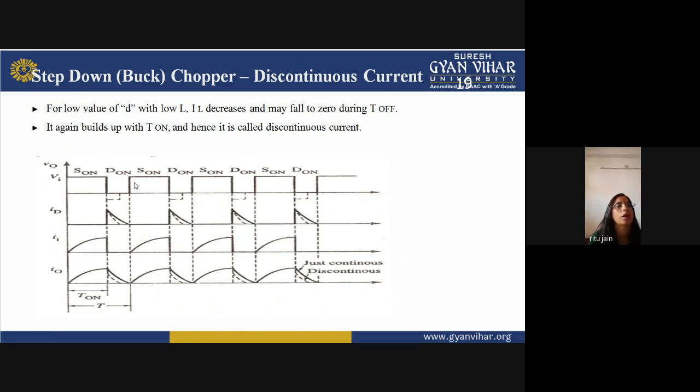So for low value of D and low value of L, IL decreases and may fall to zero during turn off time. So it again builds up with T on, and hence it is called discontinuous mode. If you are taking your duty cycle which is less, then the current may fall to the zero point.